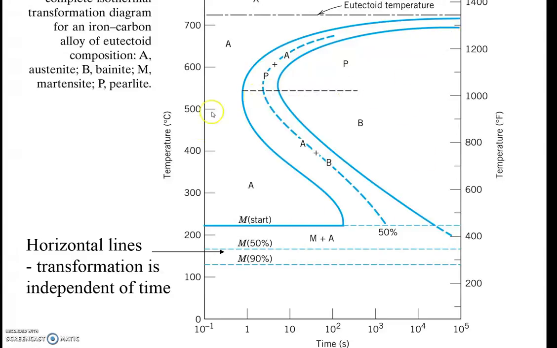Now if we come down here, it's a little bit different. With the austenite to bainite transformation, that transformation is more diffusion driven. So it's less driven by nucleation and more driven by grain growth, which is driven by diffusion, right?